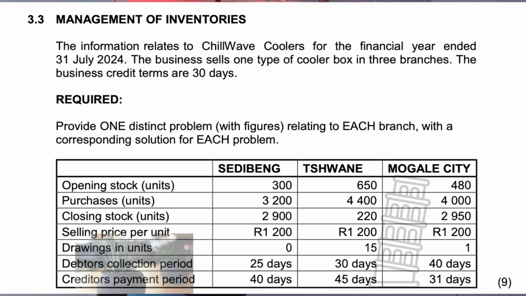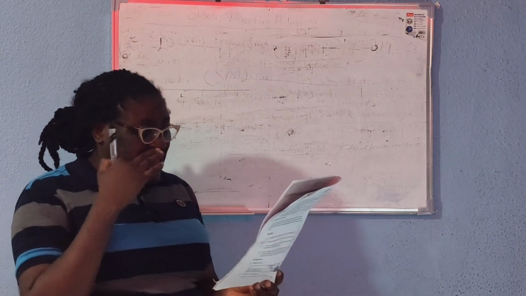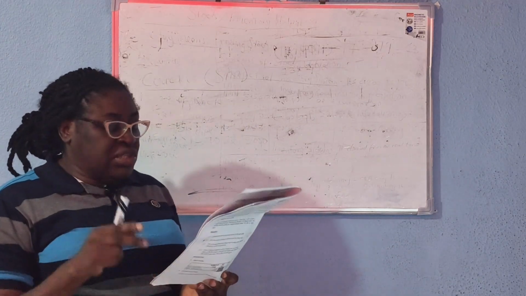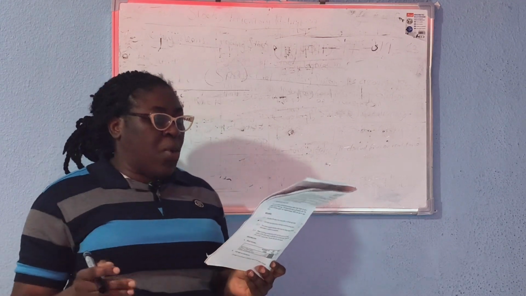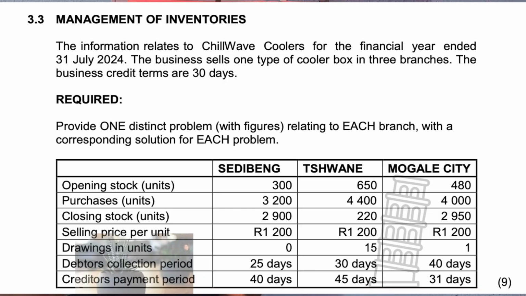All right. The business has 3 branches: one in Sedibeng, another one in Soweto, another one in Mogale City. Now let's look at the information for each of these branches.